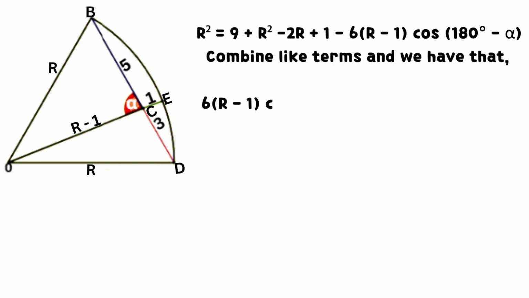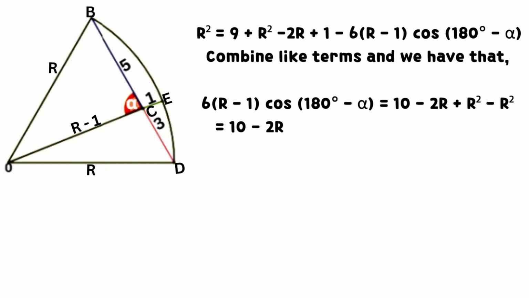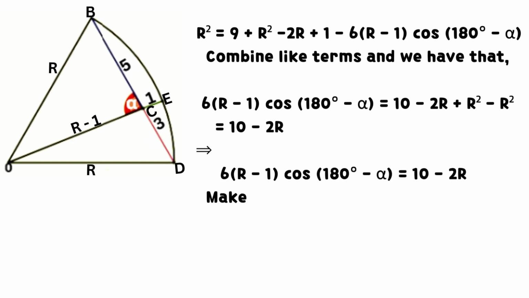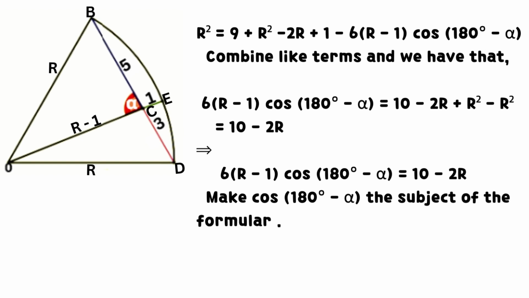The square of R equals the sum of 9 and the square of R minus 2 times R plus 1 minus 6 times the product of R minus 1 and cosine 180 degrees minus alpha. Combine like terms, simplify, and we have that 6 times the product of R minus 1 and cosine 180 degrees minus alpha equals 10 minus 2 times R.